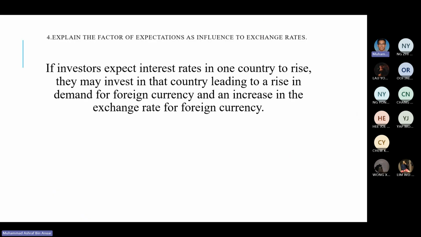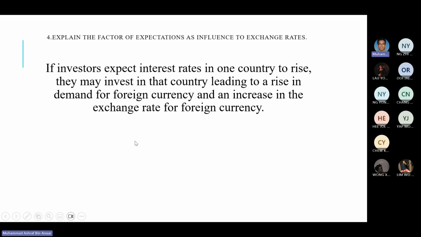All right. Explain the factors of expectation that influence the exchange rate, as the exchange rate is increasing or decreasing. If investors expect the interest rate in one country to rise, investors will of course be led to invest in that particular country, because of the demand for foreign currency and the increase in the exchange rate for the foreign currencies.